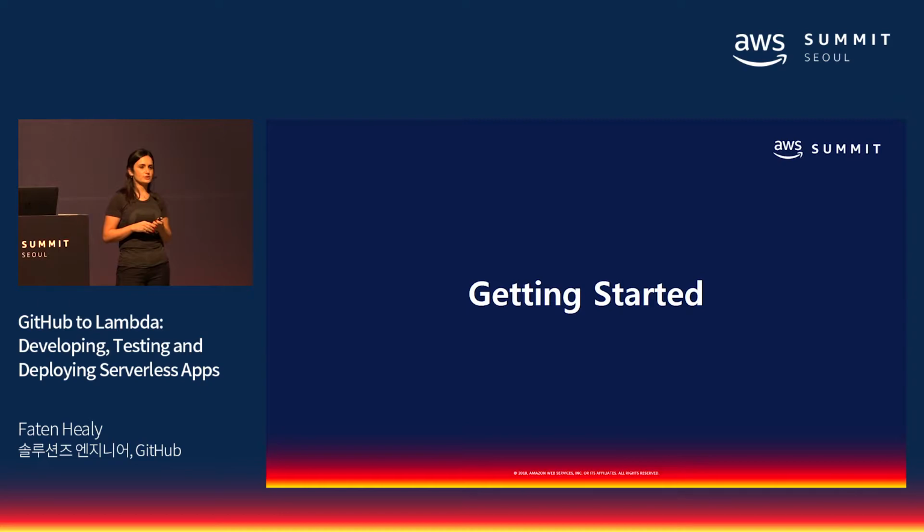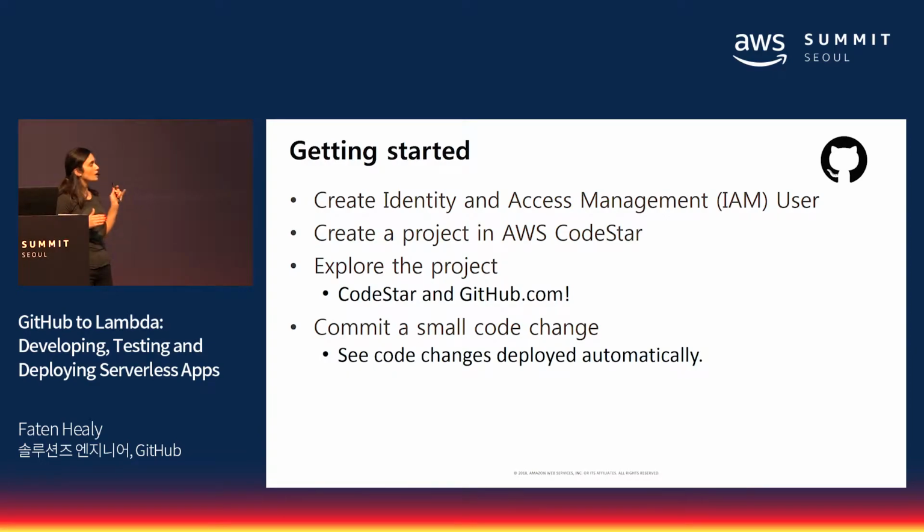So now let's get started. The first thing we're going to do is to create an identity and access management user. The reason is that AWS CodeStar doesn't let you use the root or the console account to create an AWS CodeStar project.